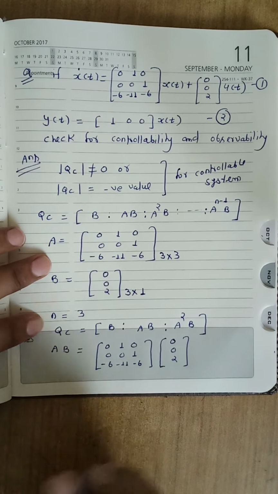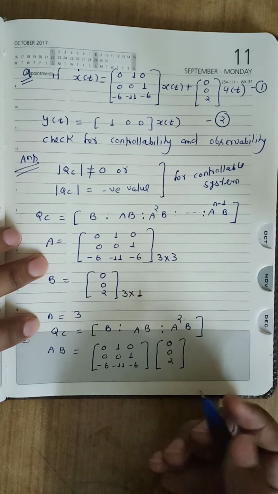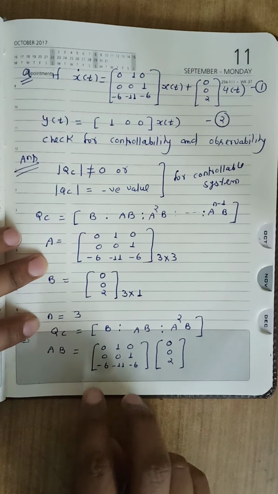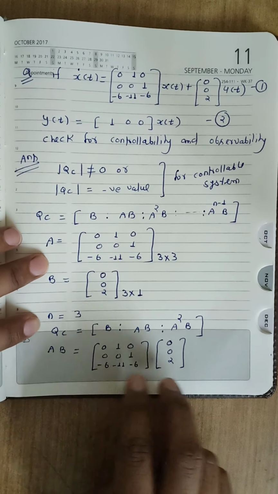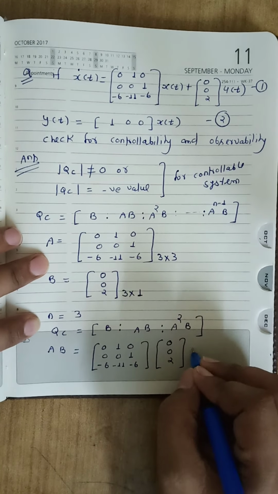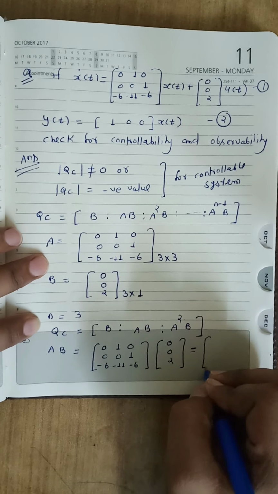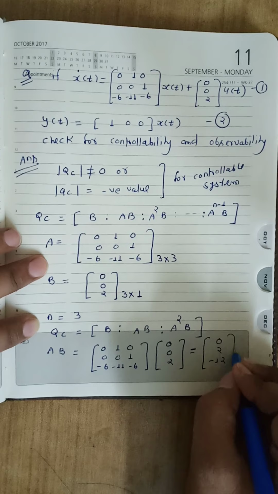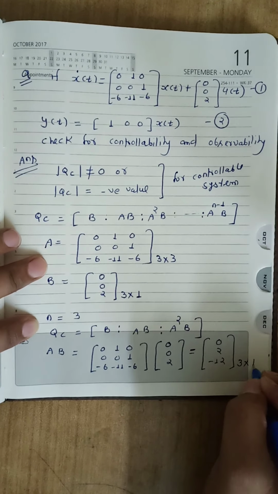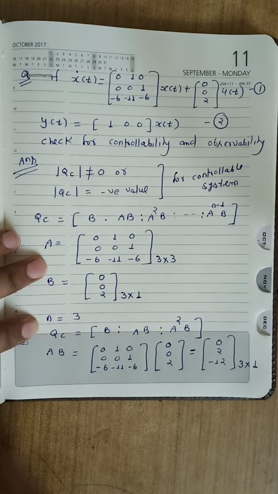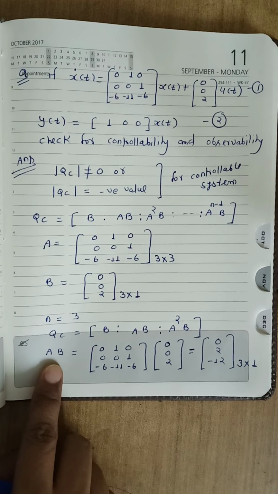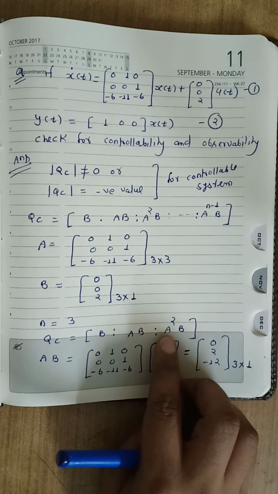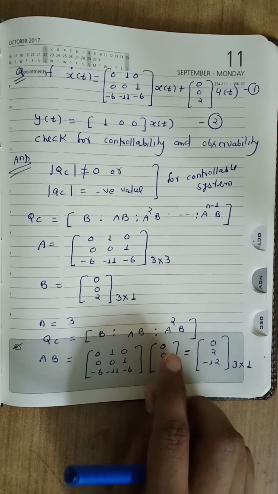Now after matrix multiplication, we can easily multiply a 3 cross 3 matrix with a 3 cross 1 matrix. So we have the answer 0 2 -12, matrix size 3 cross 1. This is the value of matrix AB. Now calculate matrix A square. After that we can define A square B.